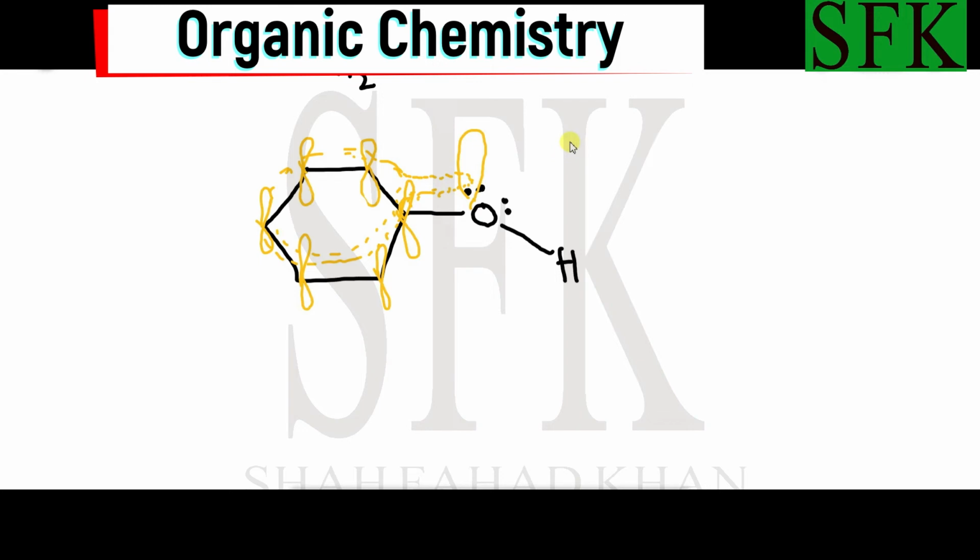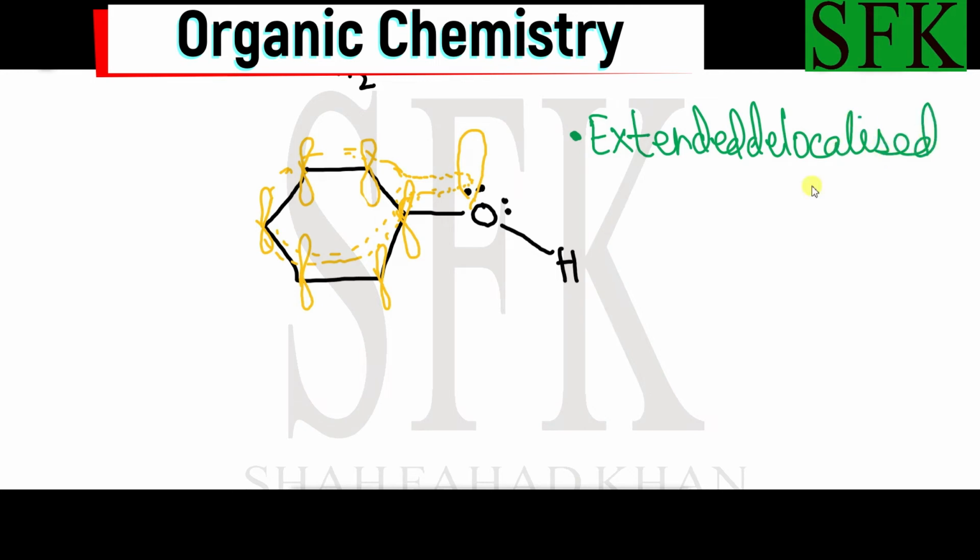We've even talked about this in the previous video on chlorobenzene. Extended delocalized pi system is a keyword used in almost all the answers when explaining phenol. So remember this word. This is a key point.